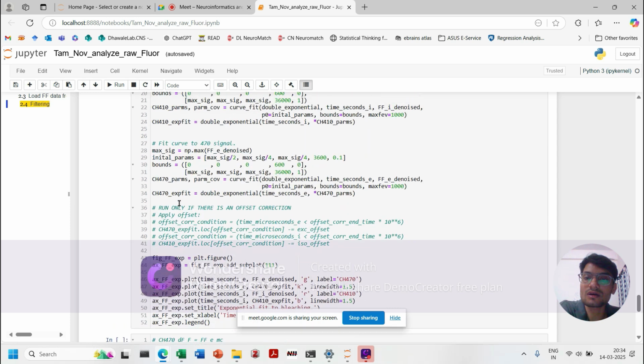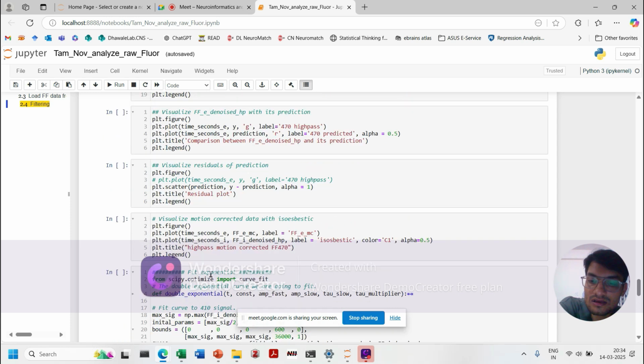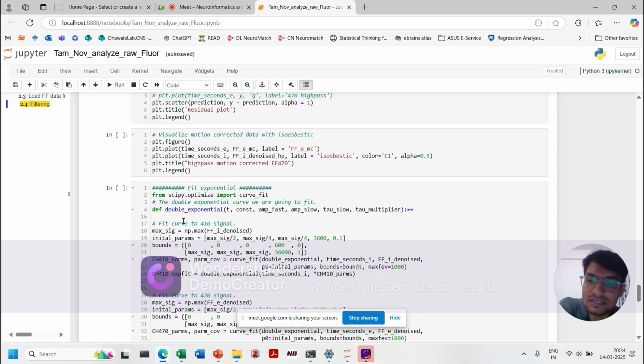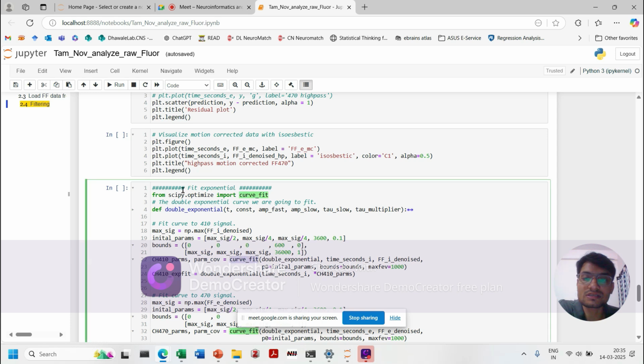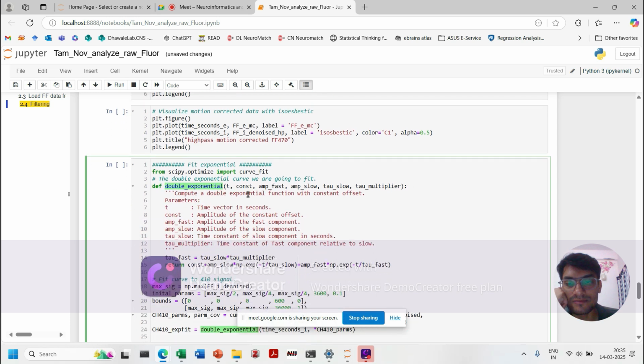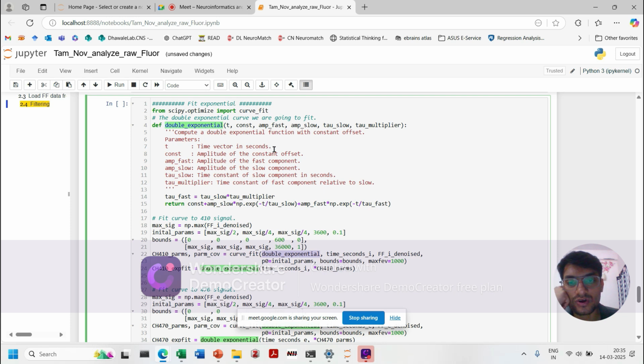So this is what I give as initial parameters. You can study this function, curve fit. Curve fit is a function in scipy.optimize, and it takes the signal, and it takes this double exponential, which is a function that you define, which takes time, then a constant, then the amplitude of the fast component, capital A, then capital B, then small a, small b.